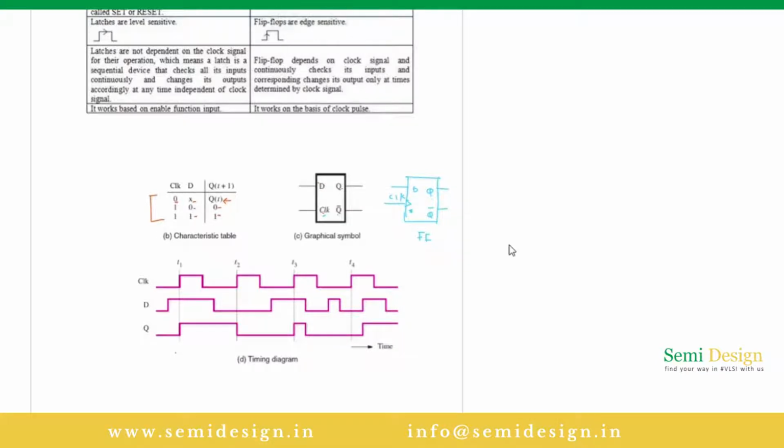Now let's take a very simple example of the timing diagram. First take a latch timing diagram. This is my random data input, this is the clock, or you can take enable here, doesn't matter. And positive level we are considering. So at the positive level of this clock, whatever data is present will be latched to the output, or will be transparent to the output.